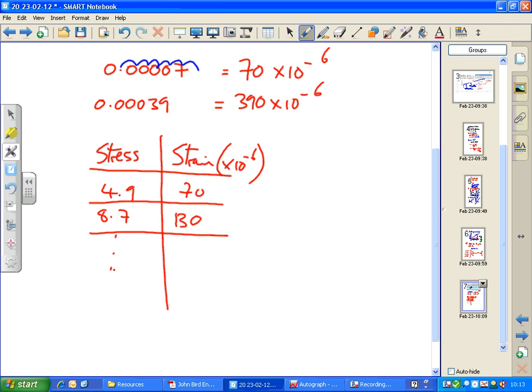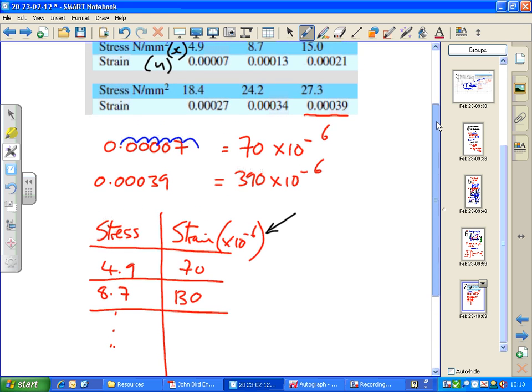I'm using numbers that are easy to put on the graph paper. That's a good tip, okay? Use engineering notation to allow you to put more straightforward numbers on the graph paper rather than trying to plot very large or very small numbers. Okay?